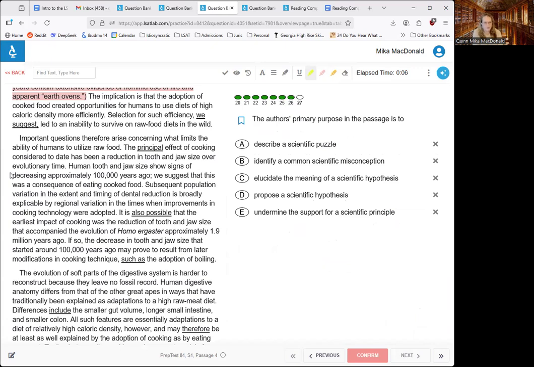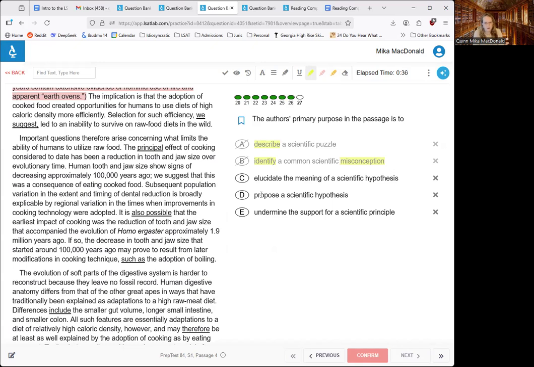Primary purpose. So let me give you again this idea of understanding the author. Describe implies that the author is not persuading us of anything. A is out. Identify a misconception sounds like the author is trying to educate us about something. Again, persuasive. Elucidate the meaning of a scientific hypothesis.